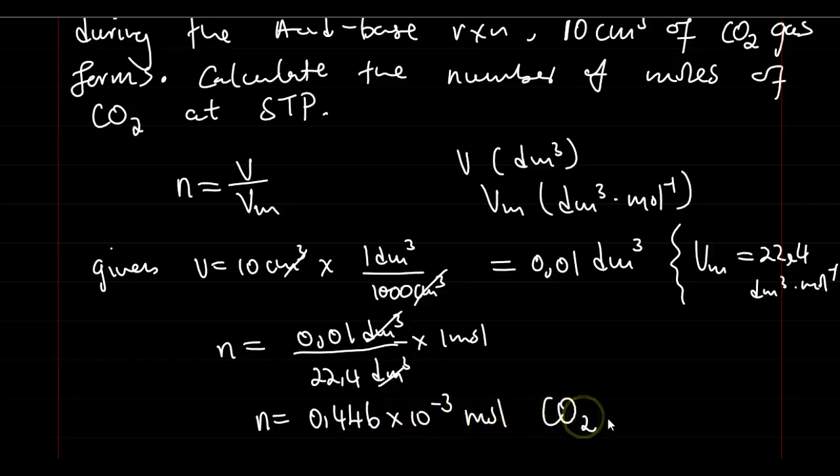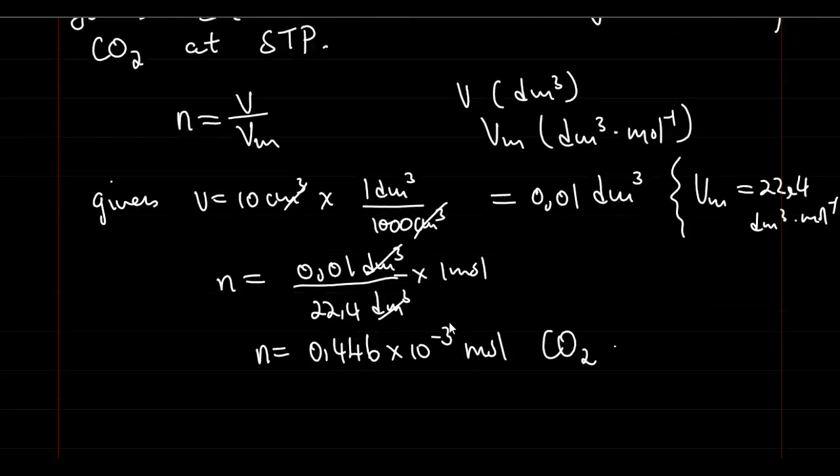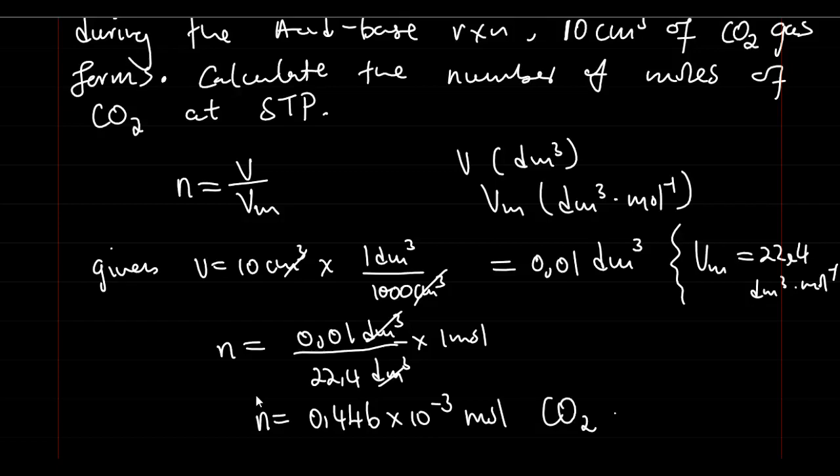Of carbon dioxide. This is how you calculate the number of moles from a given volume. Some questions will give you the carbon dioxide volume and expect you to calculate the number of moles from that. Keep it in mind and know this.